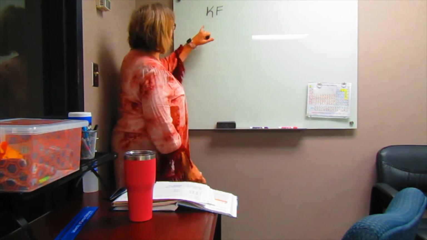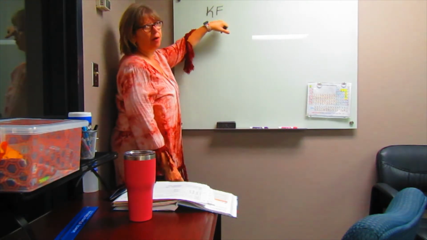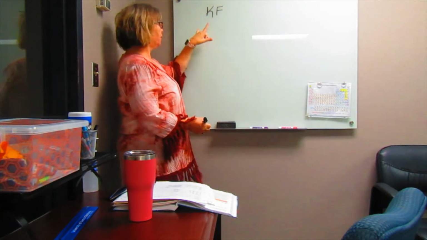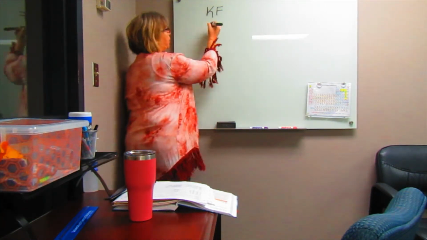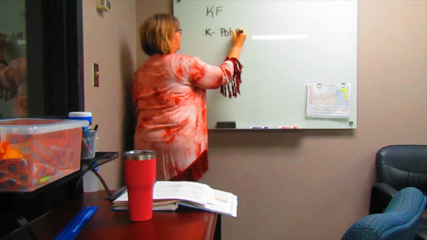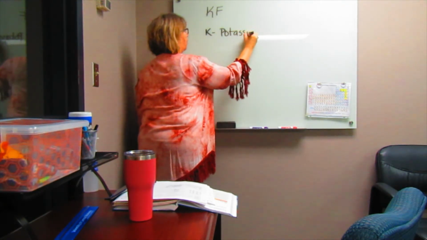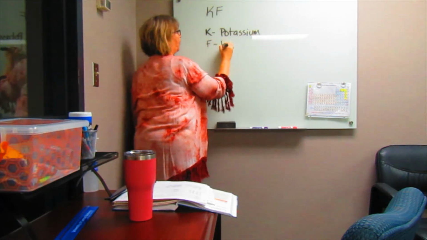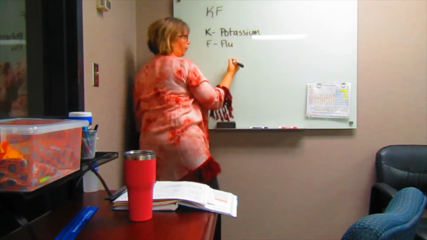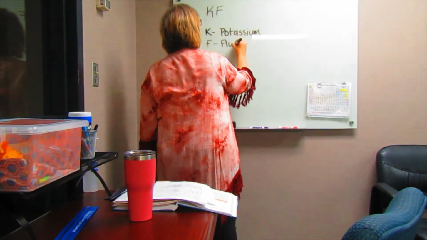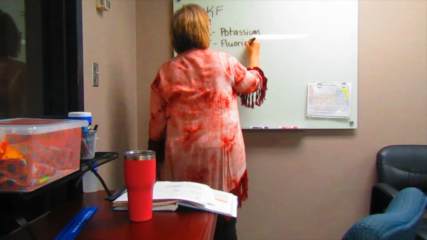Okay, so I have potassium fluoride on the board here. And so we need to give this compound a name. So we know that our K stands for our potassium. And the F is our fluoride, fluorine. F-L-U-O-R-I-N-E.